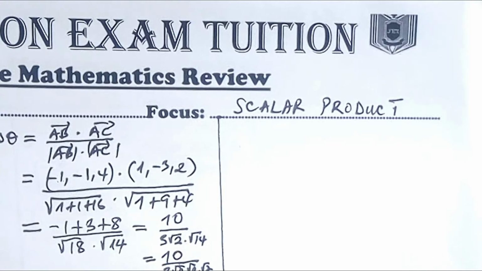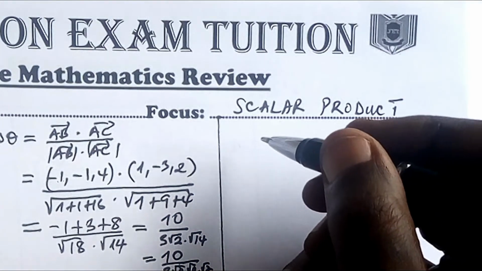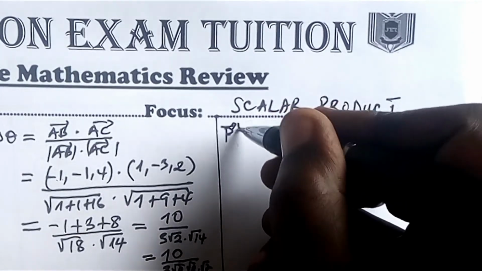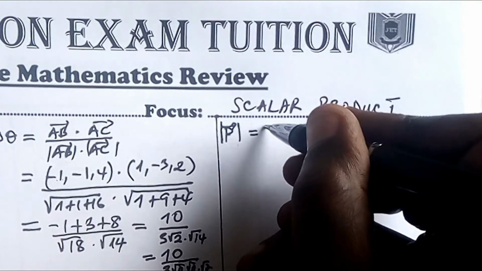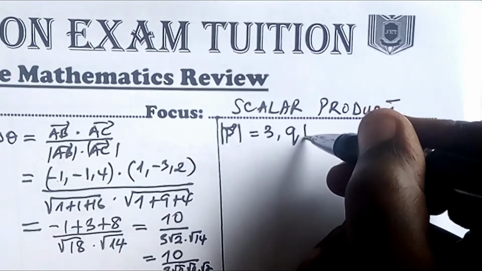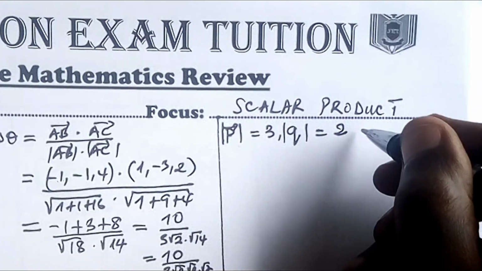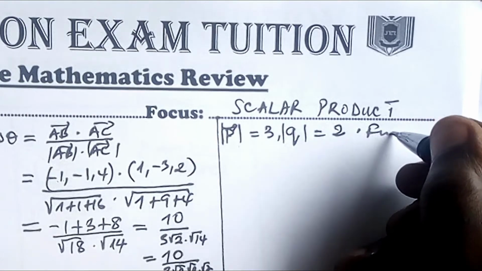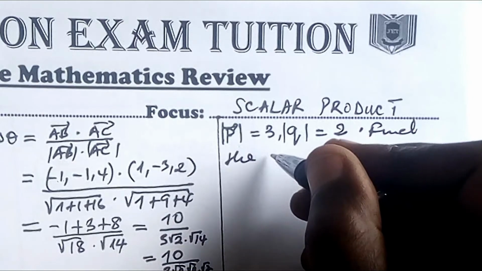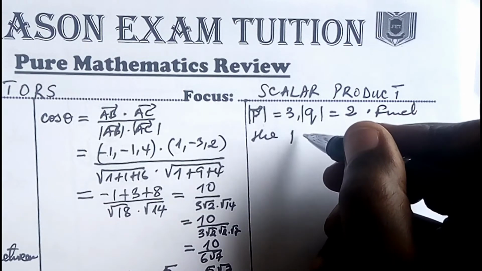A common question that makes use of these properties is the fact that they can give you two vectors, a of magnitude 3 and b of magnitude 2, and then they ask you to find the magnitude of a linear combination of these two vectors.